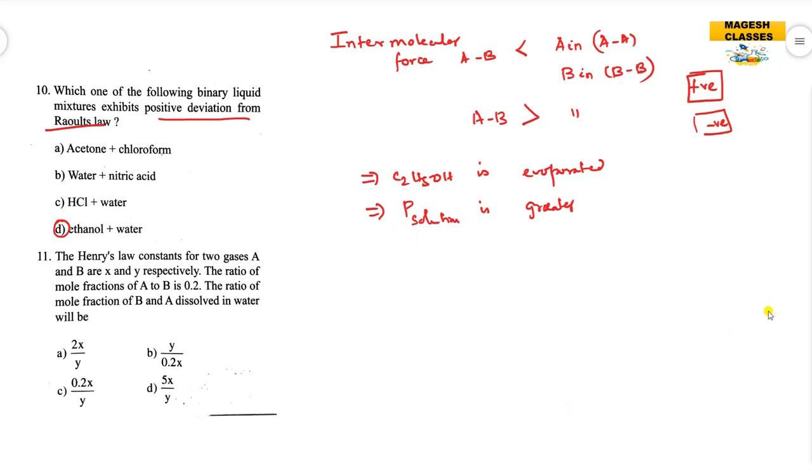Similarly, the interaction between water molecules is also greater than the interaction between ethanol and water. So it shows positive deviation. Your answer is D. In addition to that, for the mixing of liquids showing positive deviation, delta H is greater than 0. That is an endothermic process.